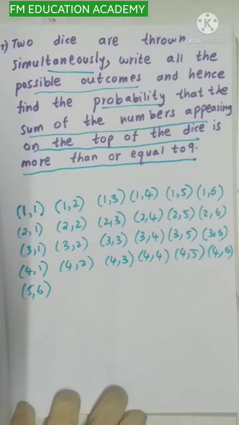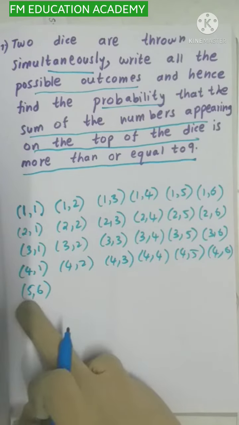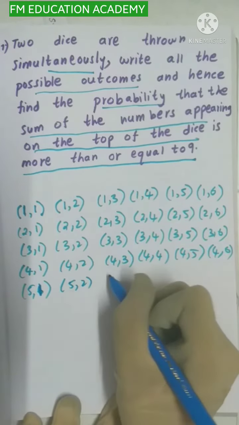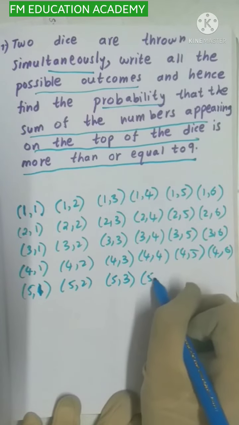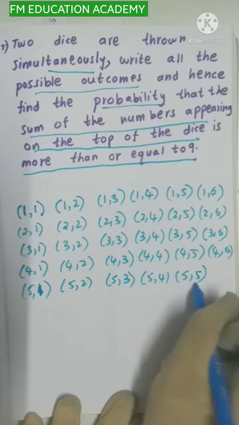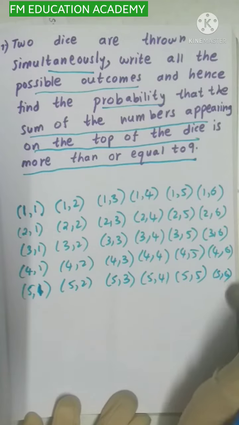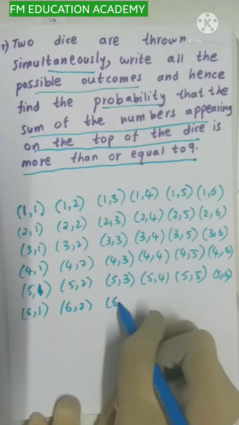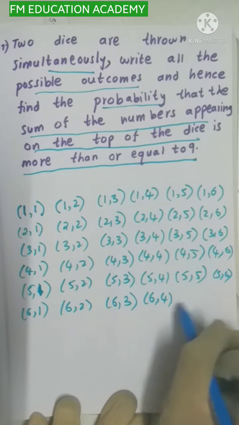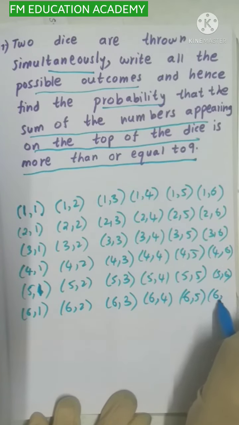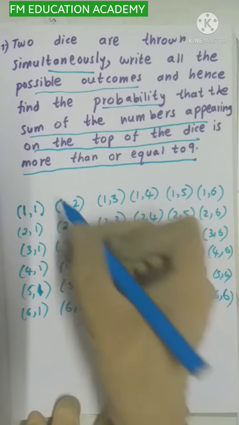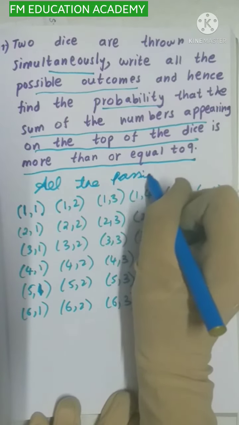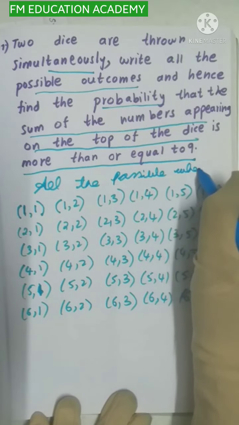When 5 is there on the first die, the possible outcomes are 5, 1, 5, 2, 5, 3, 5, 4, 5, 5, 5, 6. Then we'll write the possible outcomes when we have 6 on the first die: 6, 1, 6, 2, 6, 3, 6, 4, 6, 5, 6, 6. These are all the possible outcomes when 2 die are thrown.